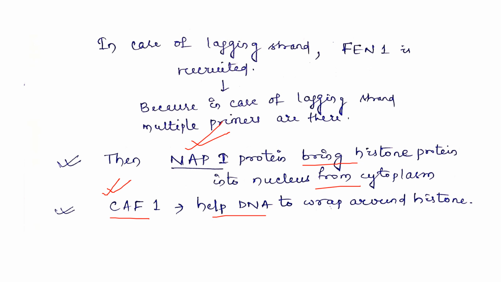The histone proteins are formed in the cytoplasm and the DNA replication process occurs inside the nucleus. So NAP1 protein will bring this histone protein inside the nucleus, and CAF1 will help the DNA to wrap around the histone.